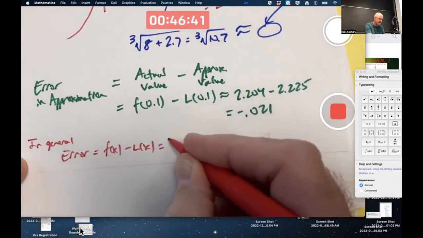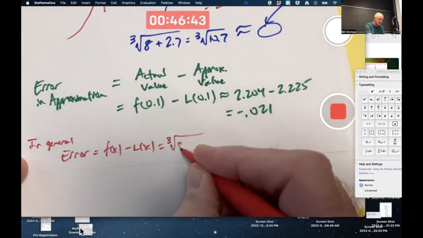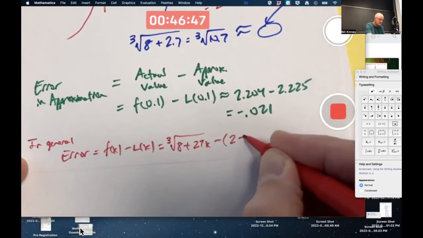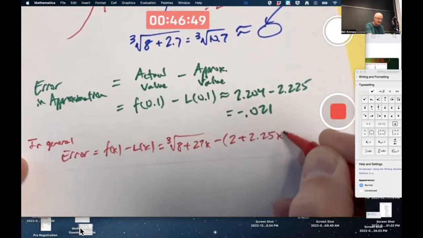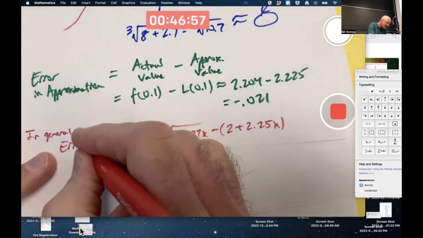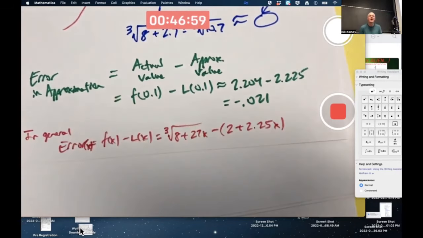So for this example, that's the cube root of 8 plus 27x minus, in parentheses, 2 plus 2.25x. And yes, I could distribute the minus sign through the parentheses. And since I can do that for any x, this is really a function of x, error of x. Wild. And since it's a function of x, I could graph it. What does the graph look like?